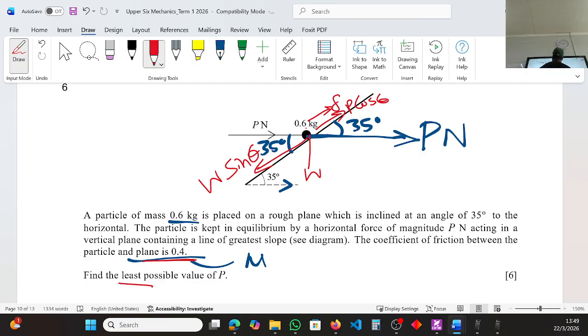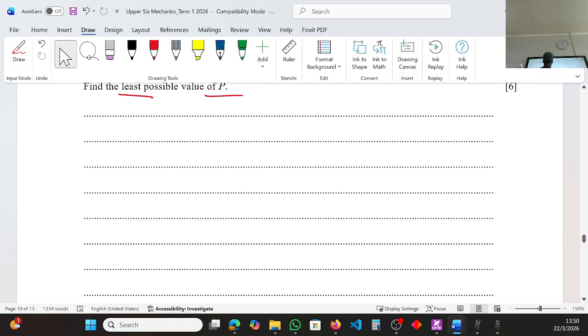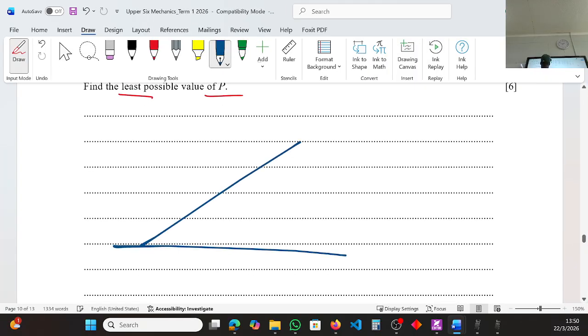So having that in mind, let's see if we can reformulate the solution to the problem so that we can find the least possible value of P. Let me go down and redraft the problem. We are told that this is the scenario. We have 35 degrees. There is the object, and already we have noted that the force P is acting at 35 degrees.